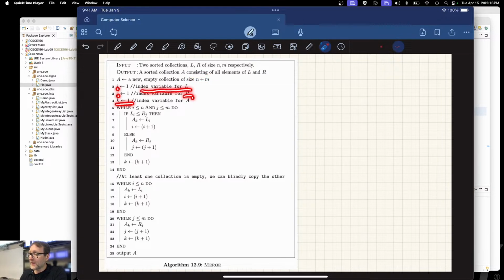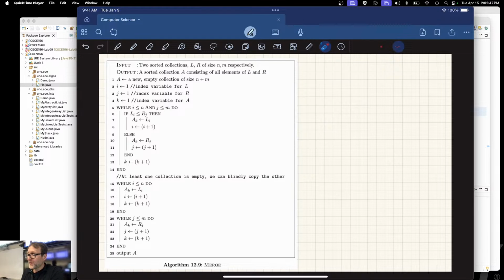I've got my k index, which is a variable for A. Then, while i has not fallen off the edge of the left one, and j has not fallen off the edge of the right one, if L is less than R, then I copy over L. Otherwise, I copy over R. And then I advance i or j, depending on which one I did. Then I advance k because I copied it over to A, and so I'm always moving that k over.